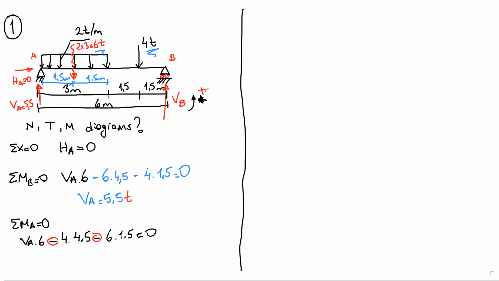If this direction is positive, all other forces rotate the system in negative direction. That's why I put these minuses over here. Vertical A. Oh, I'm sorry. I made a mistake. This should be vertical B.